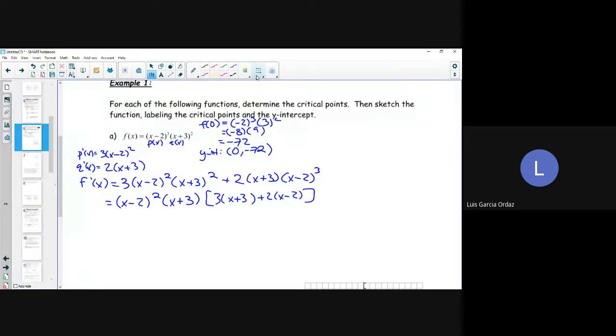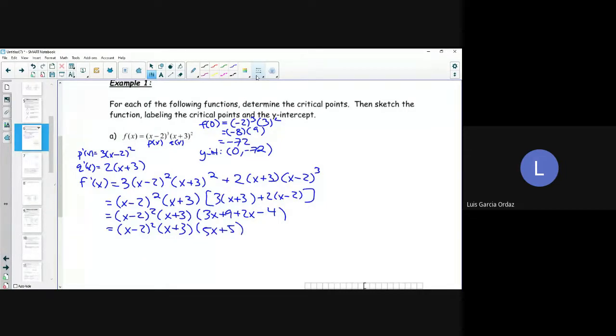Now I can expand and simplify the inside of that bracket. So I get (x minus 2) squared times (x plus 3) times 3x plus 9 plus 2x minus 4. And that leaves me with (x minus 2) squared times (x plus 3) times (5x plus 5).